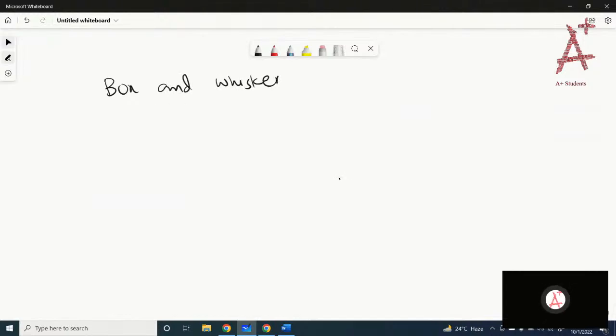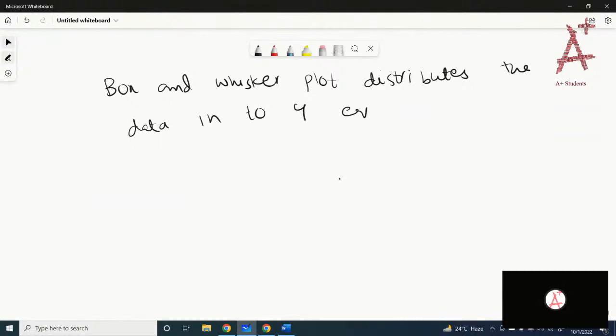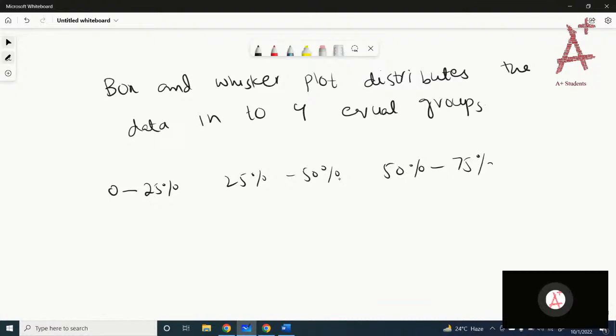So the box and whisker plot distributes the data into four equal groups. It can divide the 100 as 0 to 25%, 25% to 50%, then 50% to 75%, and then 75% to 100%.